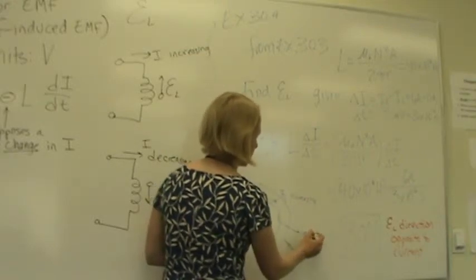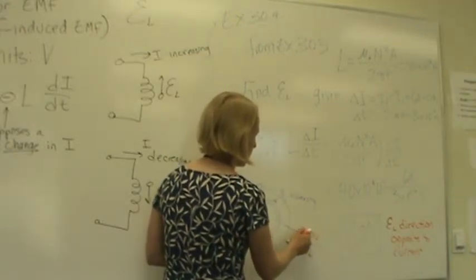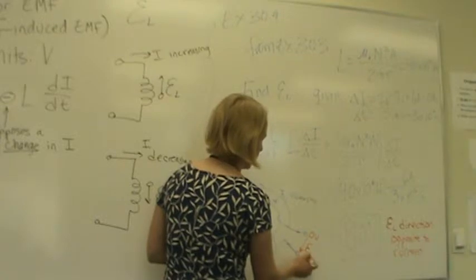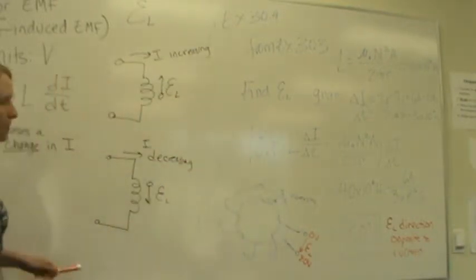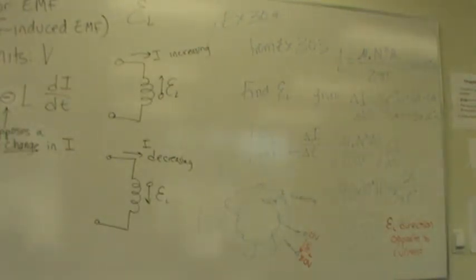So this port would be 0 volts, and this would be your high voltage, say 80 volts that we measured. So any other questions about example 30.4?